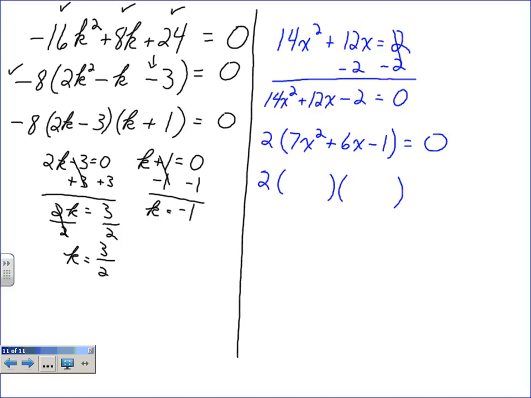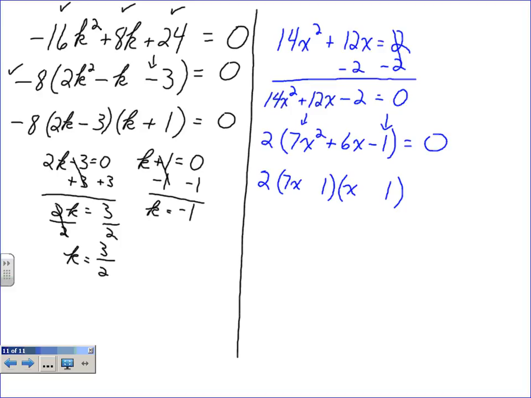So we go through our guess and check method. Well, for 7x squared, the only thing it could be is 7x times x. That's the only two numbers to multiply together to give you 7x squared. Okay, and for the 1, well, it's got to be 1 times 1, doesn't it?